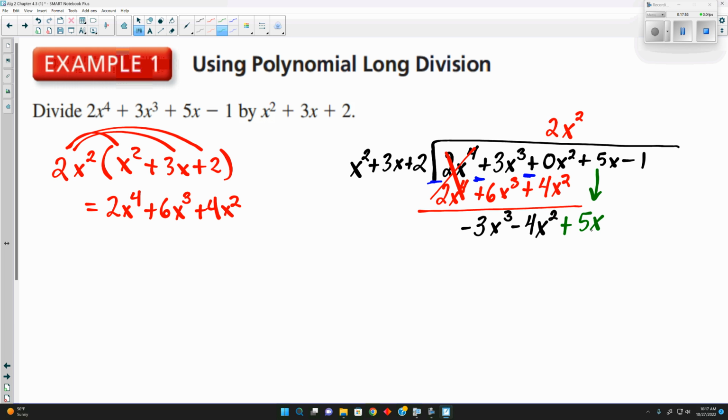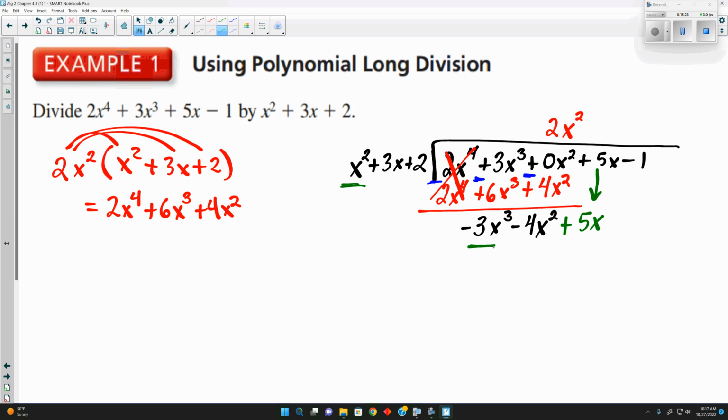And then we bring down the next term, because again, we have 3 terms for what we're dividing everything by. So in this here, we'll need 3 for it to match up. Questions on this here? Now we're essentially just going to repeat that whole process again. But this time we're saying what times x squared gives me negative 3x cubed. Negative 3x.